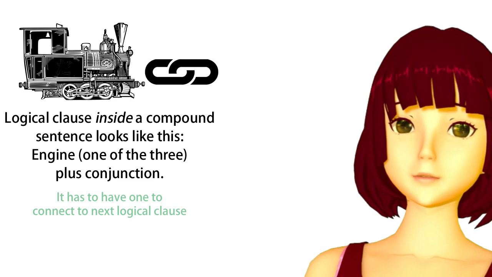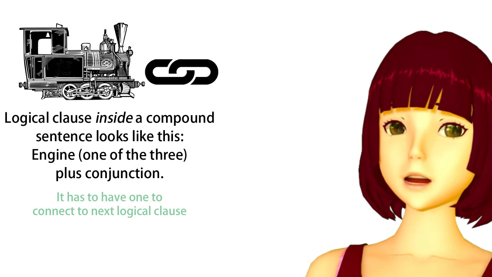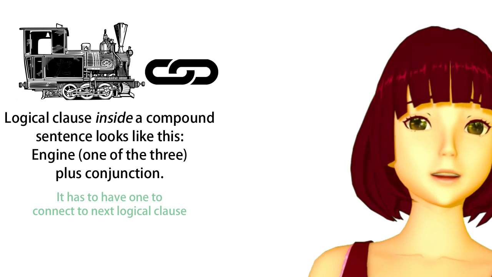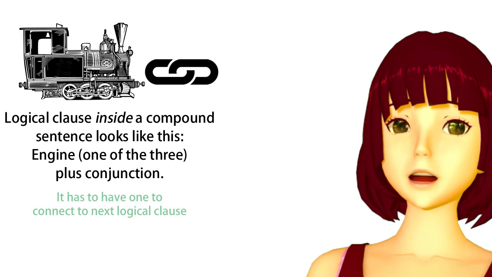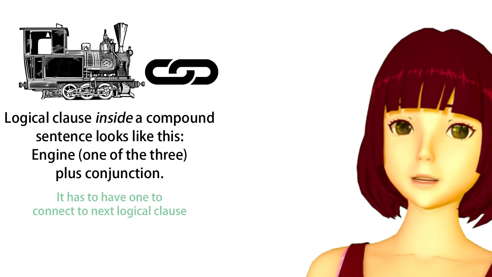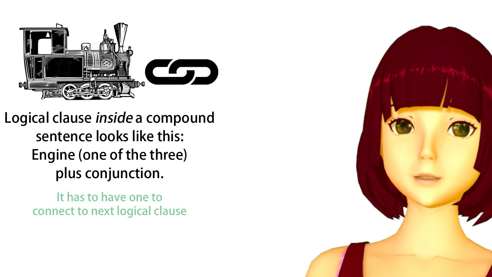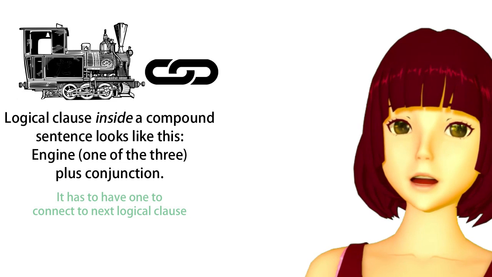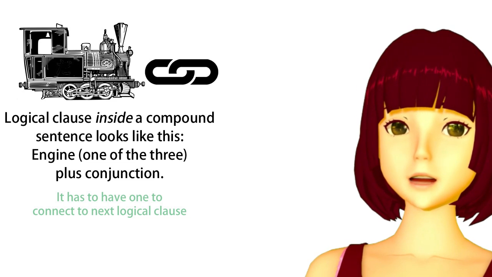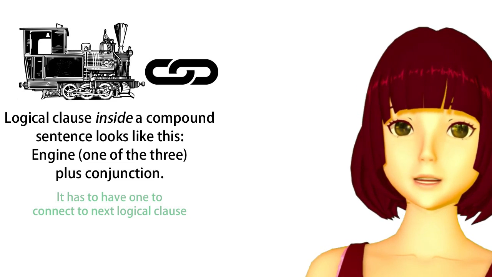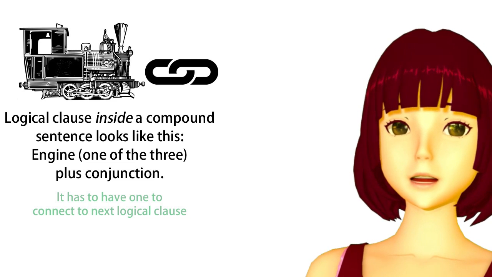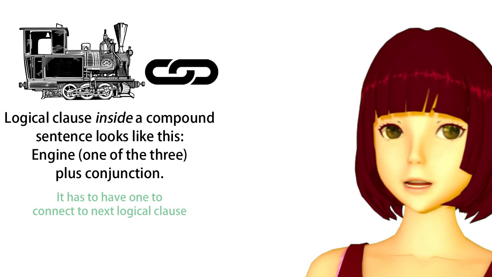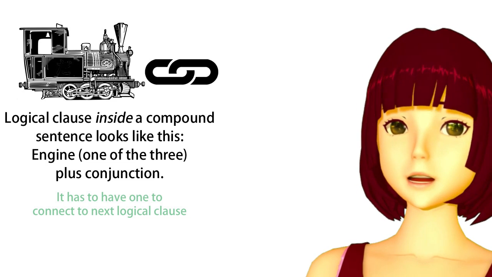The logical clause will always end with an engine, a verb, a noun followed by a copula da. It won't be followed by na, because if the copula da has become na, then it must be a modifier. It can't be a logical clause in itself. A noun, a copula da, or an adjective. And if it is a clause before the final clause in a compound sentence, it's going to end with a connector. It has to, because it has to connect to the next logical clause.